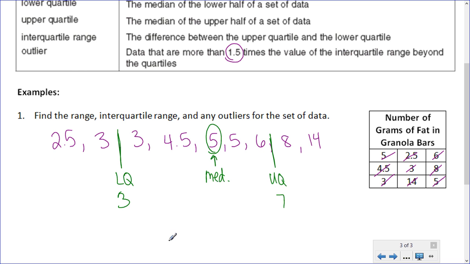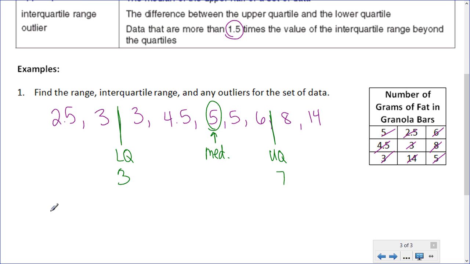Okay, so now let's see, we found the median and the 2 quartiles. We still need to find the range. So for range, we want the difference between the smallest and biggest number. So 14 minus 2.5. And that should give us 11.5.